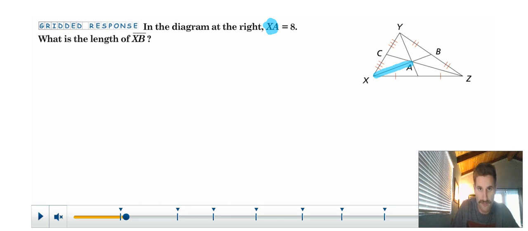It looks like these are all medians, so we do want to go ahead and write that down. So we are dealing with medians, and since we're dealing with medians, they're going to create our centroid. So this would be a centroid.